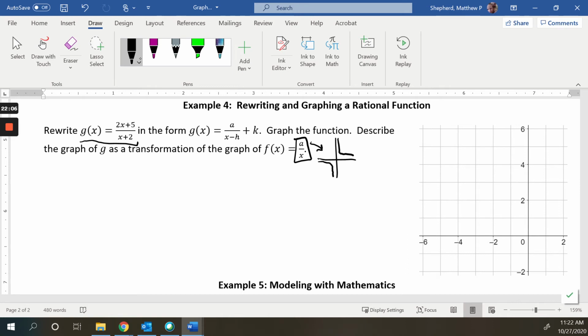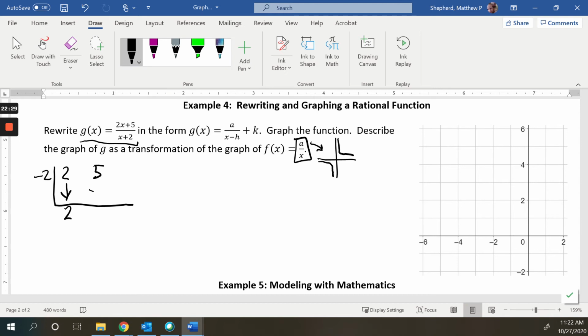But we want it to be in this form. So first, looking at this equation, we notice that it's division. Well, we've done division before, so I'm just going to go ahead and use synthetic division.